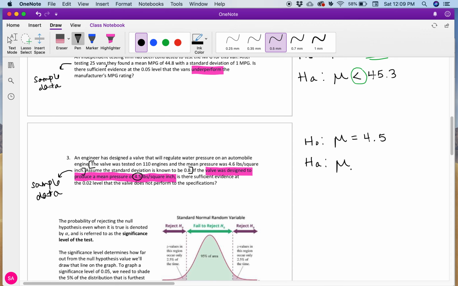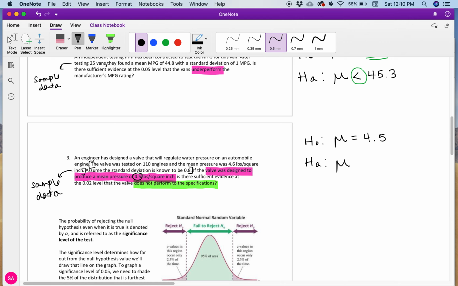And then our alternative, is there sufficient evidence at the 0.02 level that the valve does not perform to these specifications? Does not perform. So they don't say overperform or underperform. They're just saying does not perform. They're not being specific about greater than or less than.